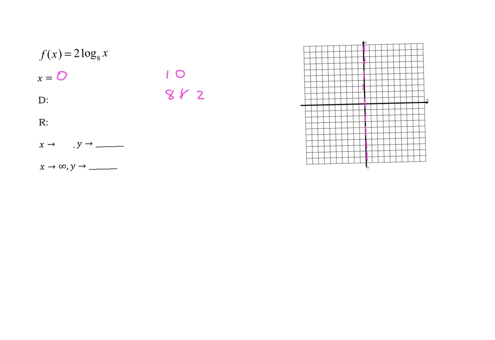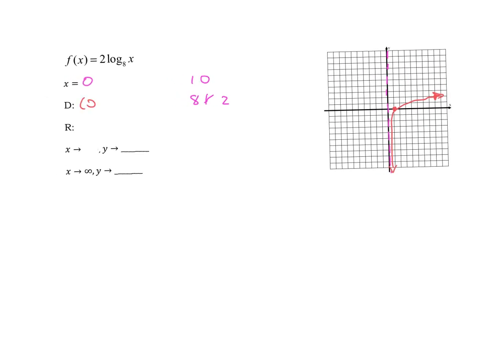So now when I graph this, I'm going to do 1, 0, and then count over 8 and up 2, hover next to the asymptote, and turn. My domain is from the asymptote at 0 to infinity, and my range is negative infinity to infinity, which is always. Now, as x approaches the asymptote at 0, y goes to negative infinity. As x approaches infinity, y approaches infinity because it's going up.